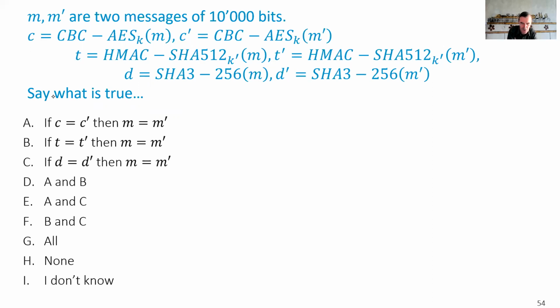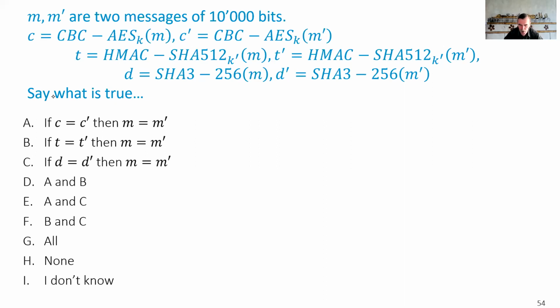I have two different messages, M and M prime, and I receive two tags, C and C prime. And the first question is, if we see that the two tags are the same, does it mean that the messages are the same? If you believe so, then answer A is correct.